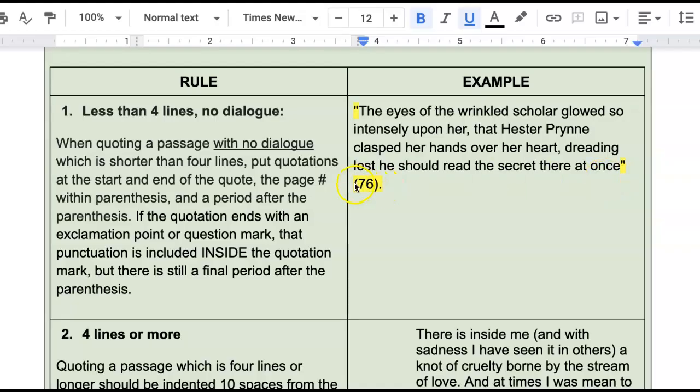As I mentioned, we aren't going to put the author's name in here. You're just going to write the page number. Notice that there's no period at the end here. The period goes after the page number, and the page number is in parentheses. You do not need to write P or page. You just put the number.